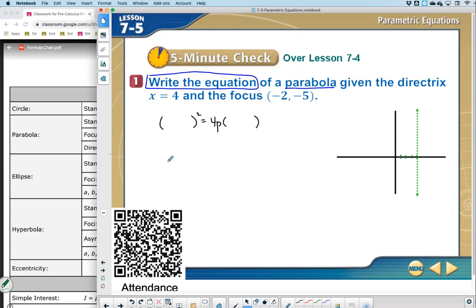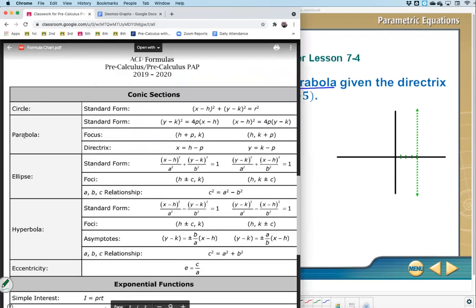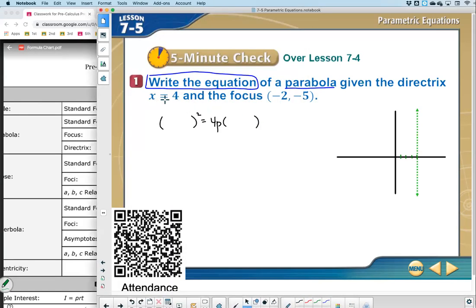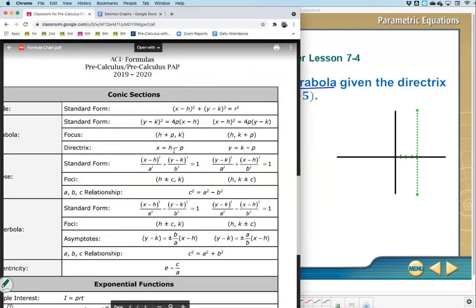What could I do? Well, if I go to the formula chart and I see directrix here, notice I have 2 different formulas for directrix: x equals something or y equals something. On our problem, what were we given? X equals 4. What that means is that we're using the formulas that are on the left side.